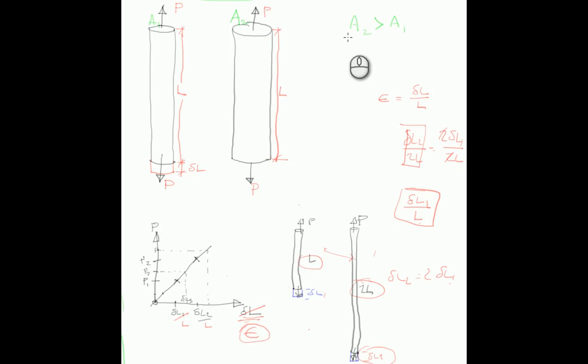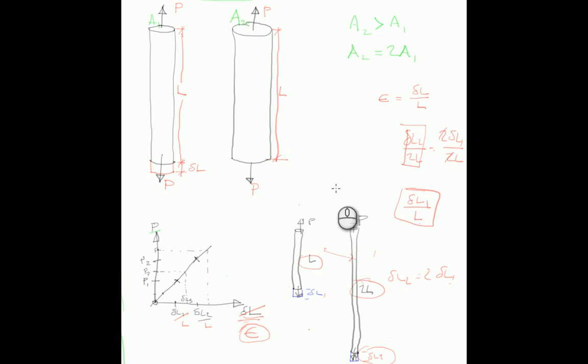So the area A2 is greater than A1, such that A2 is equal to twice A1, so 2 times A1. Okay? We've done a similar thing with this P variable here.